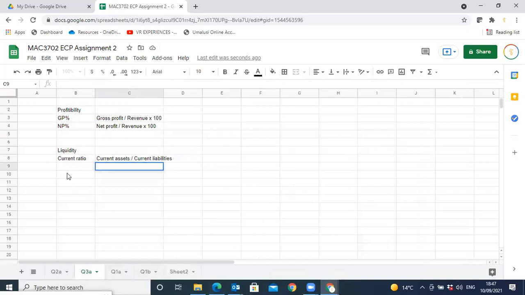There are different ratios in solvency, but because he spoke about debt and all of that, we're going to use the debt ratio, which is total debt or total liabilities divided by total assets.